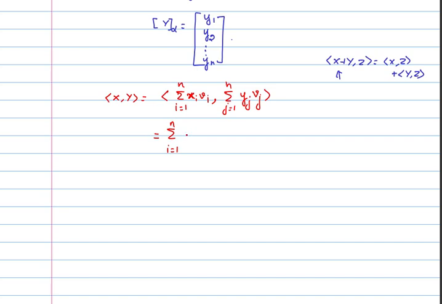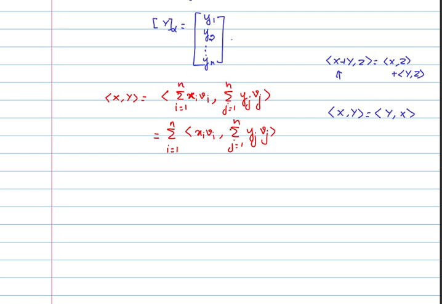So summation i equal to 1 of xi times vi, comma, summation j equal to 1 to n of yj times vj, we can represent. Then another axiom is symmetry: the inner product x comma y is the same as y comma x, because our field is the real field, so it is true.